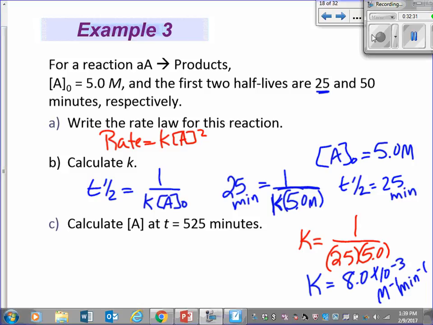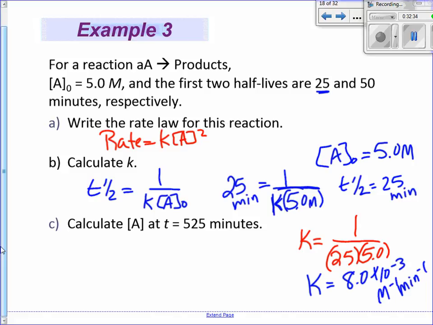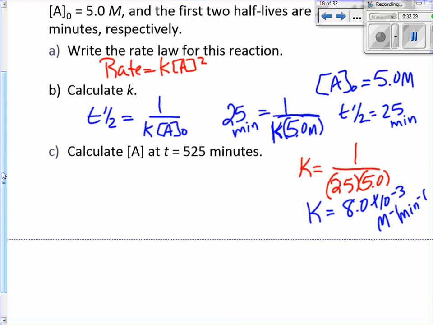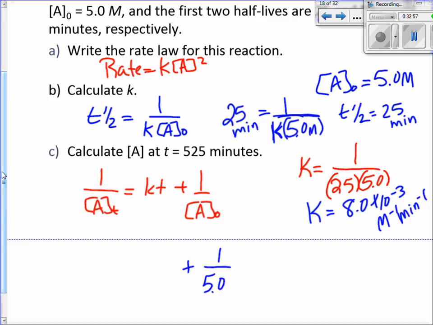Going to use the integrated law here. And that's 1 over A equals kt plus 1 over the initial, right? And once again, our initial was 5. We know our K now because we calculated it. But I didn't leave space for my time in here, did I?